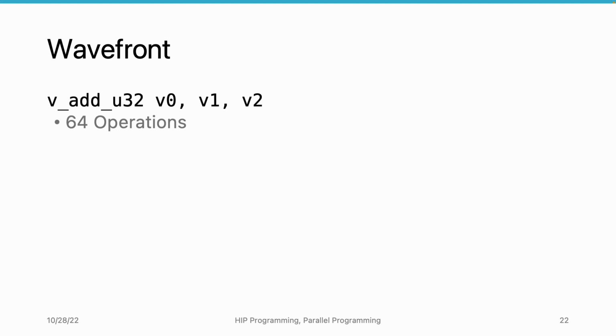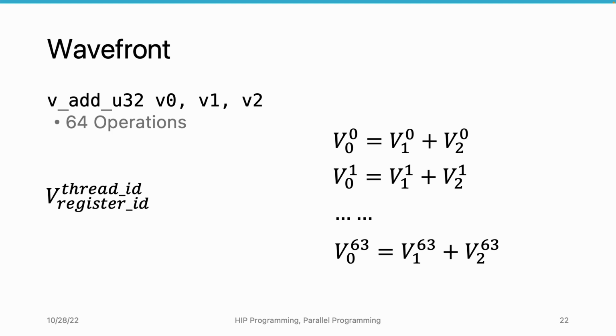Because this instruction is at wavefront level, the same operation applies to all the threads in this wavefront. Different threads in the wavefront may have different values stored in the V1 and V2 registers. As we can represent this V register using the register ID and thread ID, this simple instruction is actually 64 operations that perform an element-wise register adding operation.